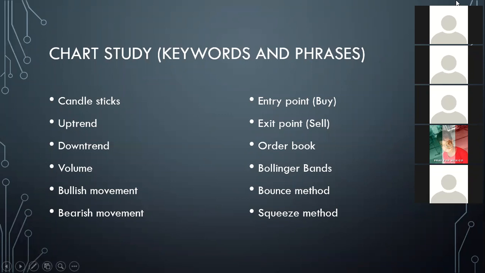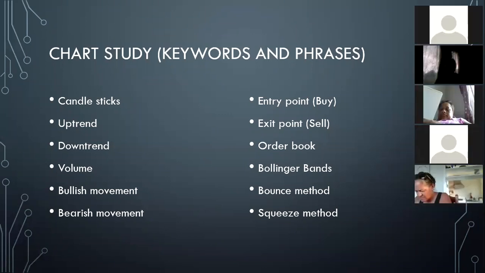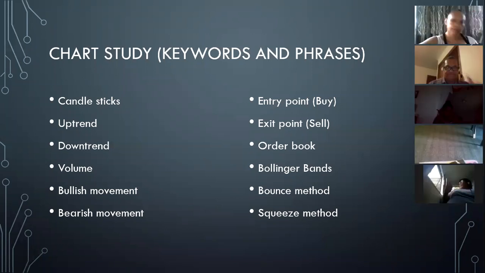I've got candlesticks, uptrend, downtrend, volume, bullish movement, bearish movement, entry points, exit points, order book, Bollinger Bands, bounce method, and squeeze method. Just give us a wave when you reckon you're all done, and we'll move on.